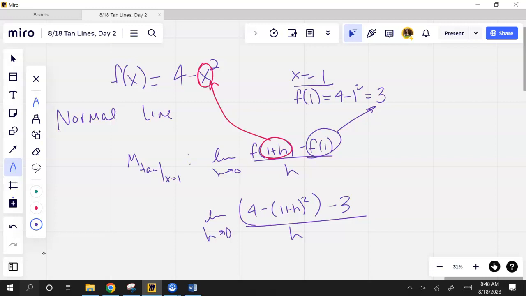Well, remember, order of operations. So exponents come first, then subtraction. So square this x first, and then do 4 minus whatever the square of that number is. Then it'd have to do minus 4 plus 1.